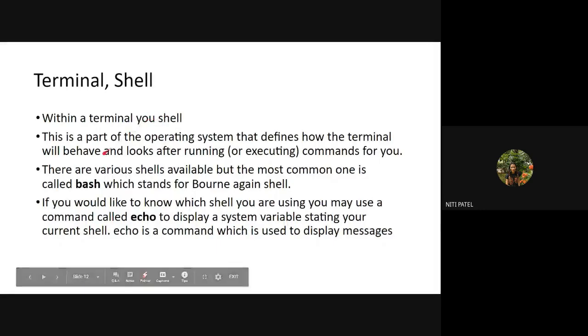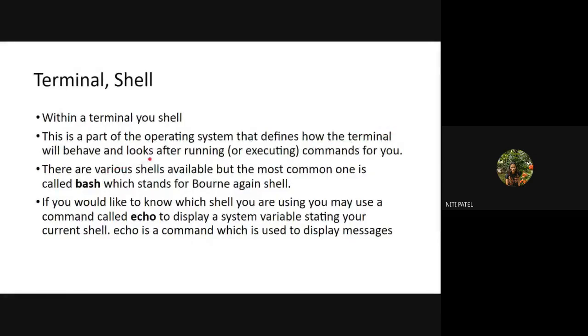This is a part of an operating system that defines how the terminal will behave and look after running a command that a user has entered. There are various shells available, but the most common one is the bash shell, which stands for Bourne Again shell. I had told you the Unix operating system makes use of the Bourne shell and Linux makes use of the bash shell.